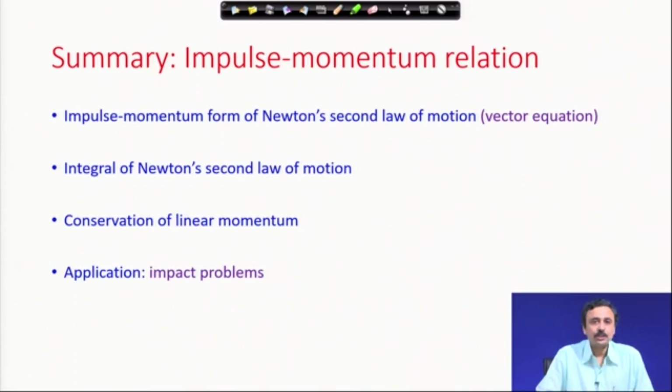Under impulsive forces between two bodies, let us say, if you consider both these bodies as a system, then the net linear momentum of the system will not change. Therefore, the change in linear momentum over a very short time duration under impulsive loading is 0.